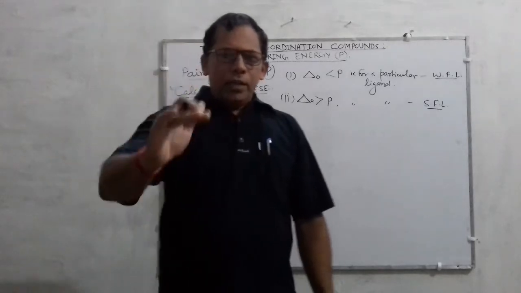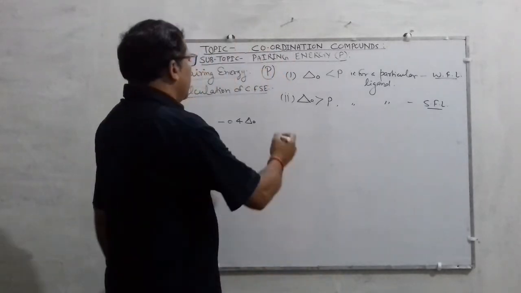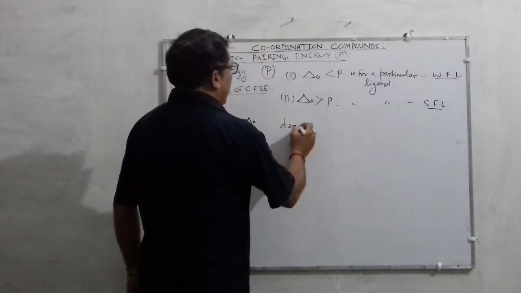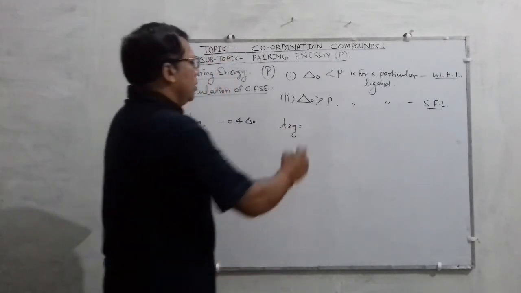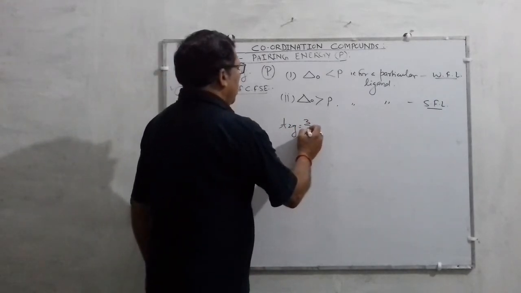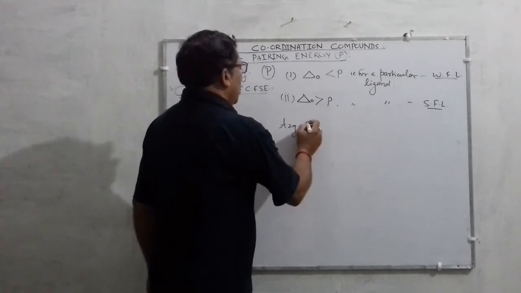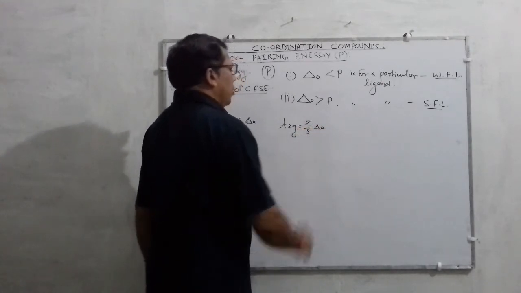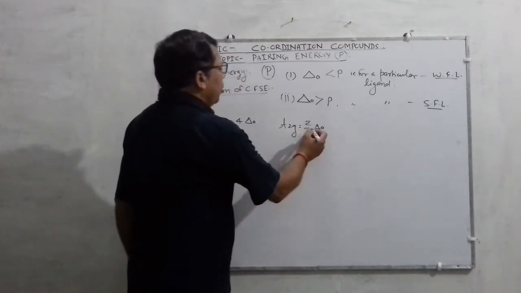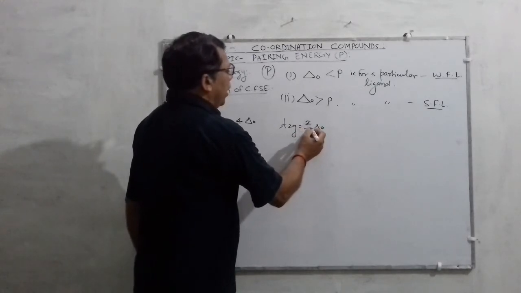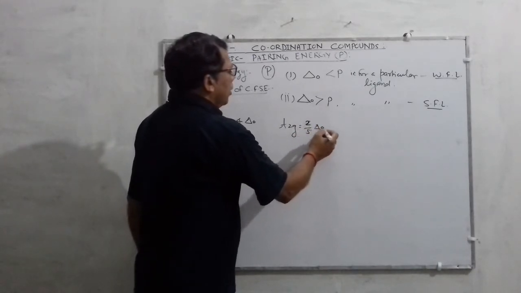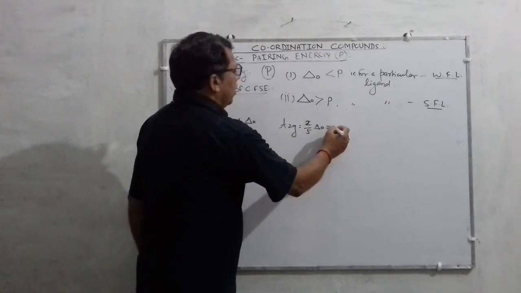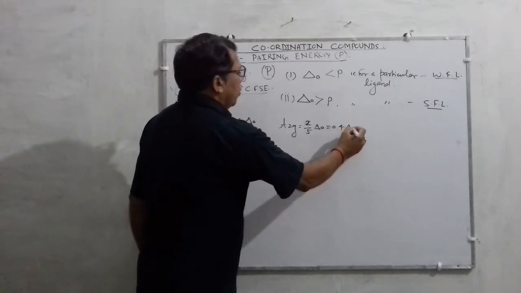From the beginning of the lecture I have told you that in T2G it is 2 by 5 del 0, and if you divide 2 by 5, it will come 0.4 del 0.